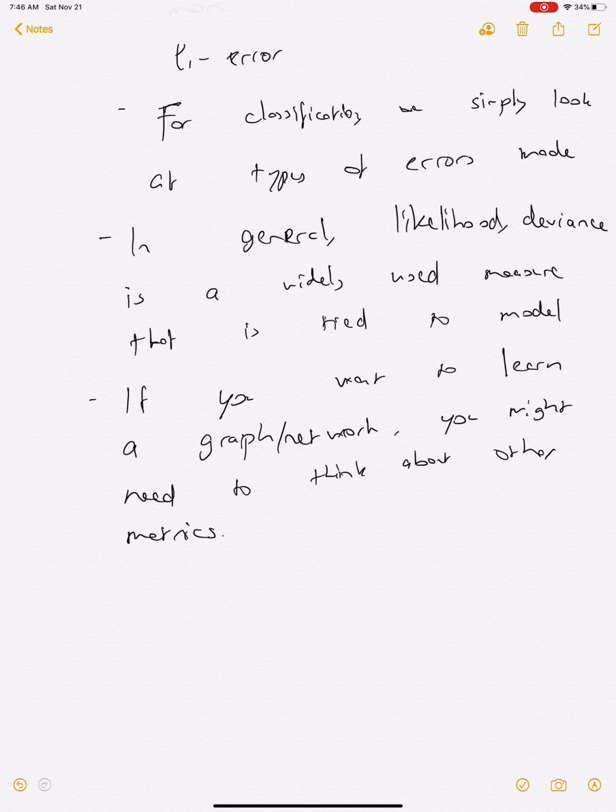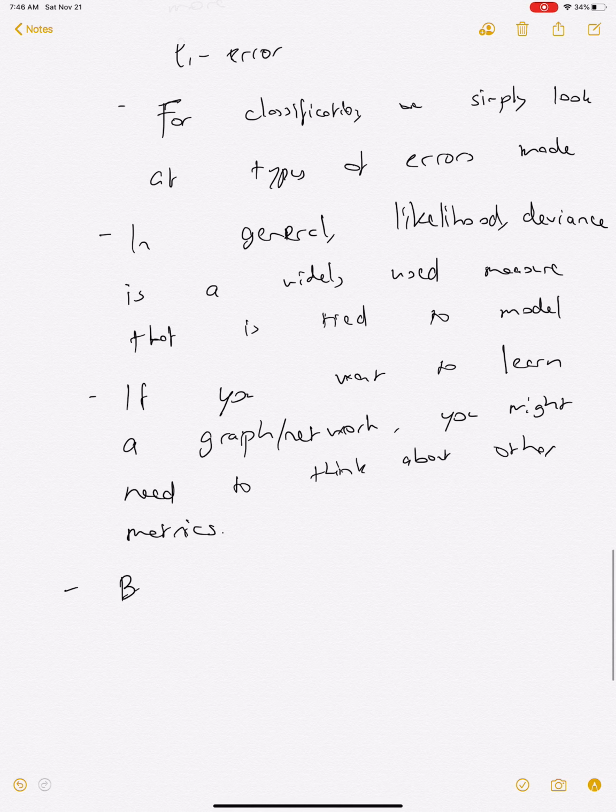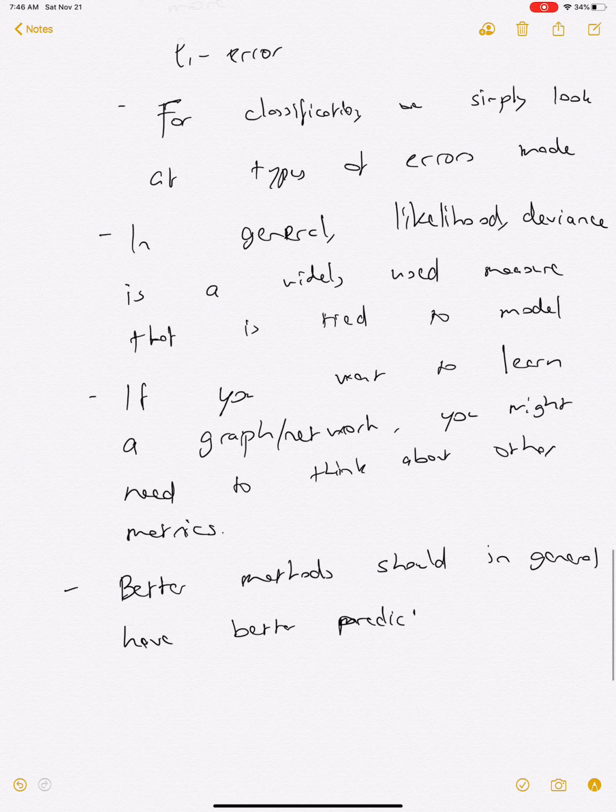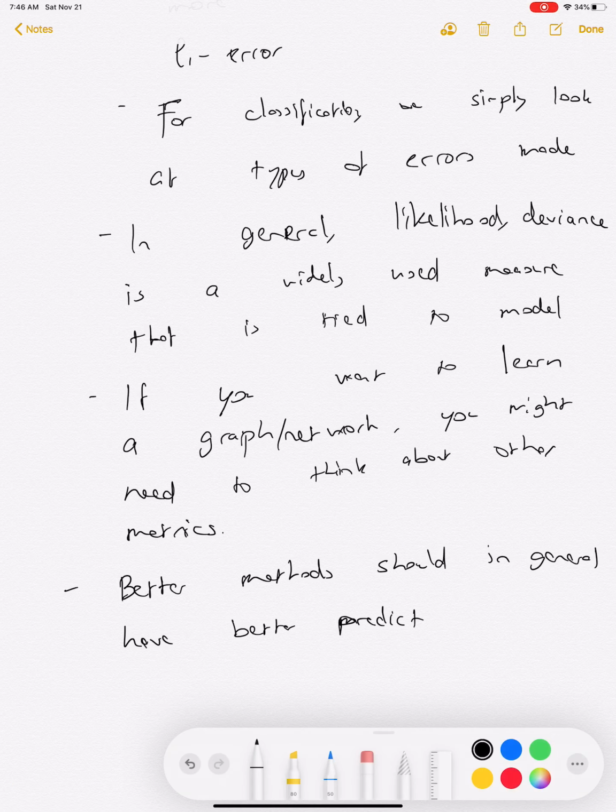What we're really saying is that a method is only considered a good method if it predicts well. So better methods, or I should say better methods or models, should in general have better predictions.